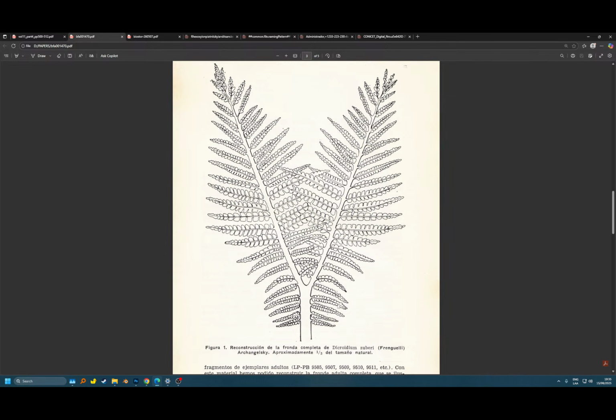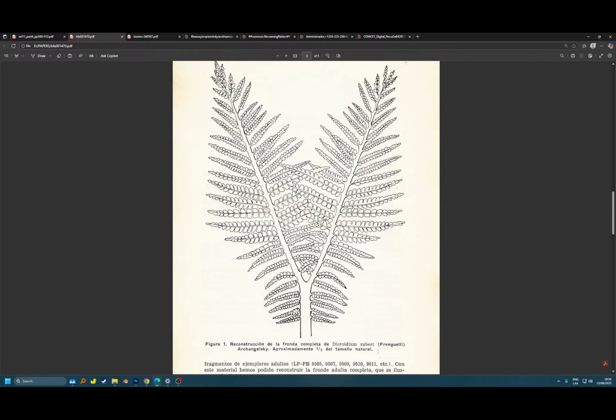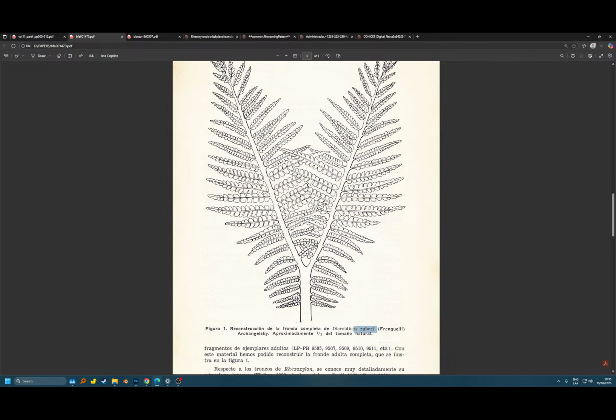Some researchers think that Zuberia is a different species from Dicroidium. I'm going to struggle to pronounce these names because English is not my first language, and I'm used to reading these kind of names in Spanish. So I hope you understand what I'm saying.